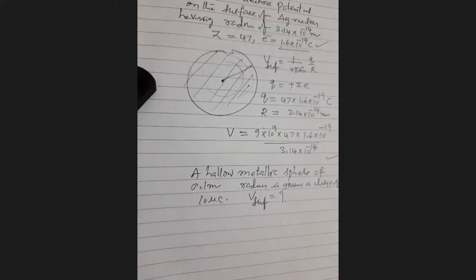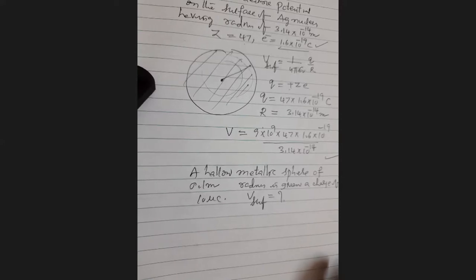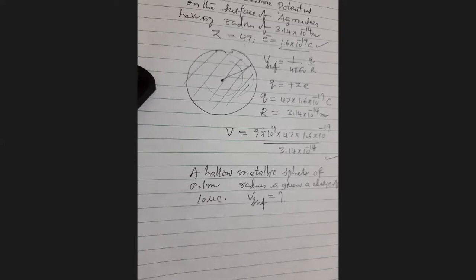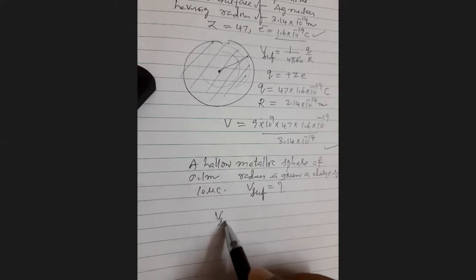For a spherical shell or uniformly charged conducting sphere or metallic sphere, metal is a good conductor. So a hollow metallic sphere is equivalent to the spherical shell. For a spherical shell, what is the potential on the surface?